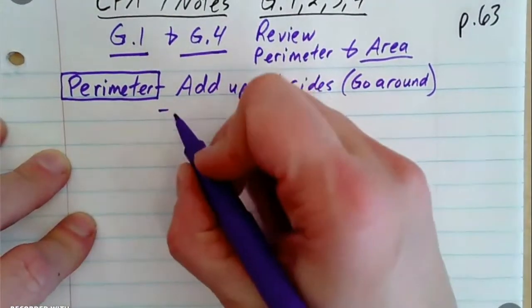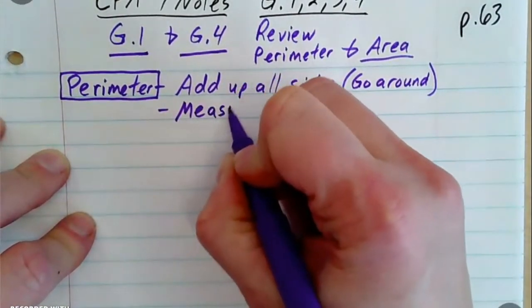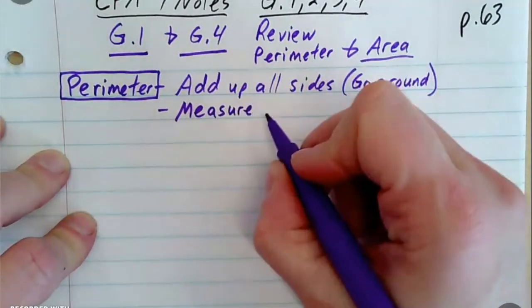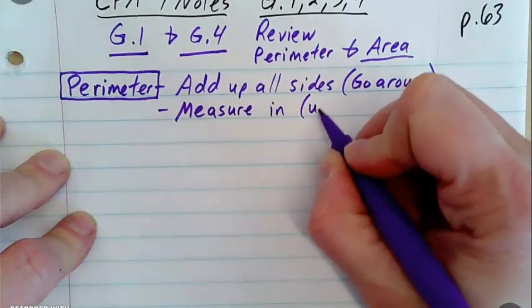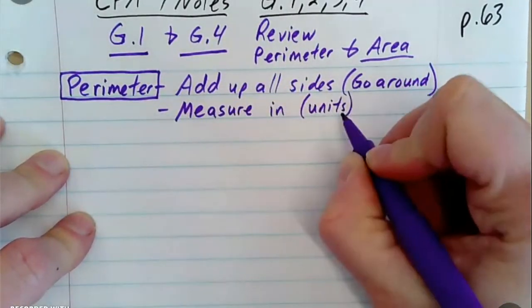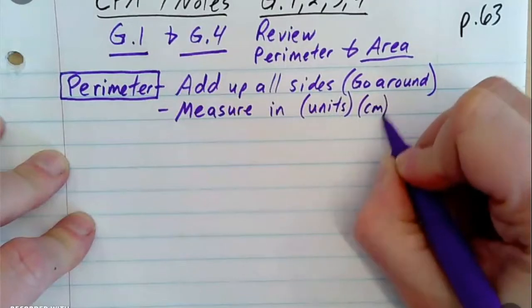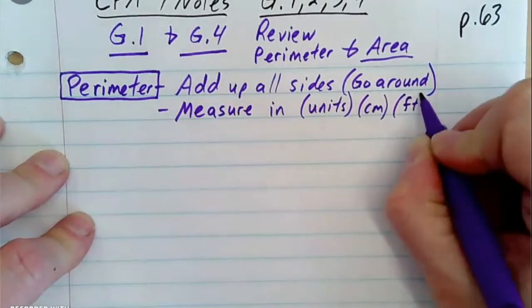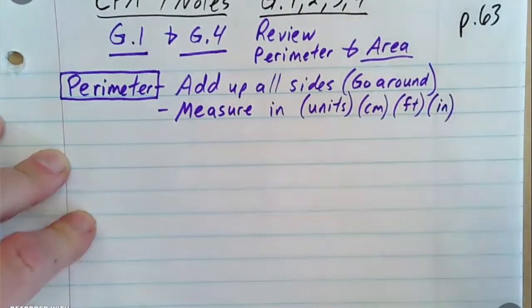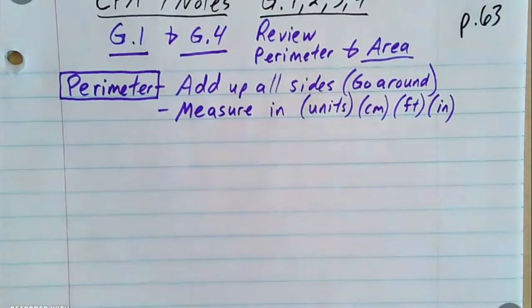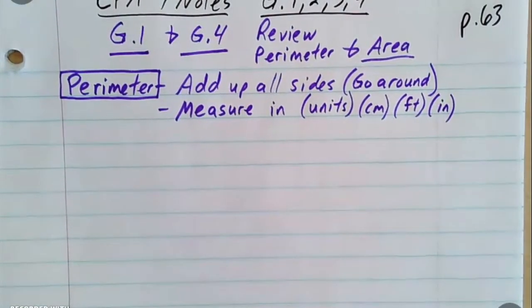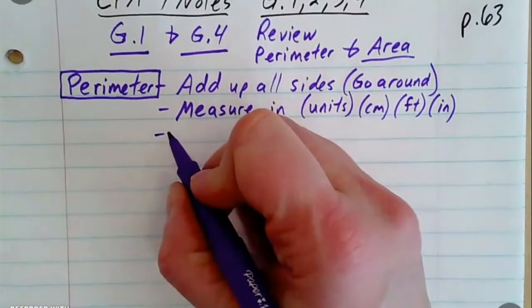You could measure it in units, in centimeters, in feet, or inches. You don't square it or cube it. That's area and volume.